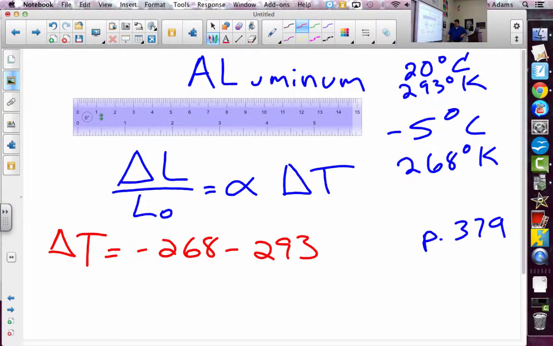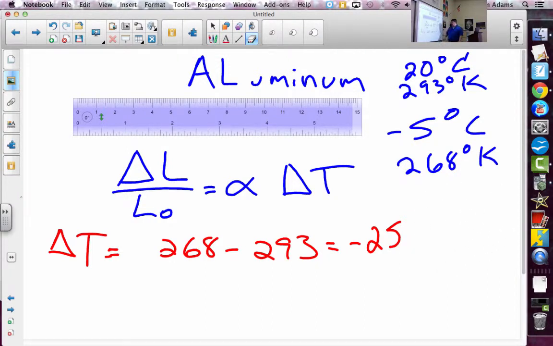I'm trying to do the Celsius and everything together. So what's that equal? Negative 25. By the way, here's a little thing you may not be aware of.